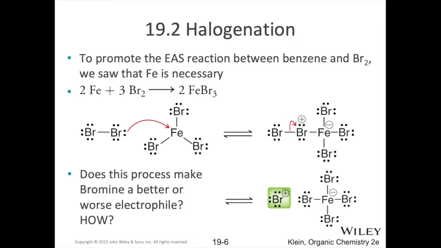All right, so how does iron help this reaction happen? Well, first of all, the iron reacts with bromine to make iron 3 bromide. All right, so we have this iron bromine complex, which then picks up an extra bromine molecule, right? Now, when it does this, it actually gets a bromonium ion to break off and create this iron-bromine complex over here, this iron tetrabromide complex.